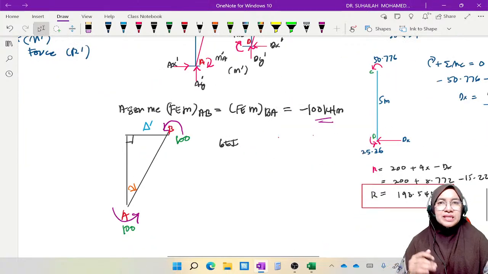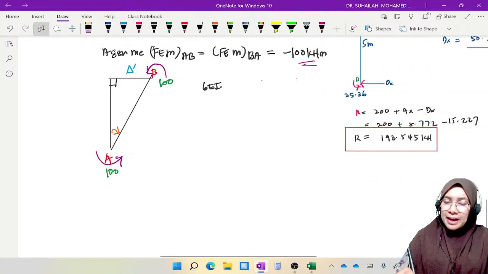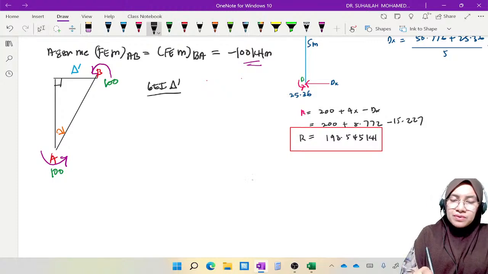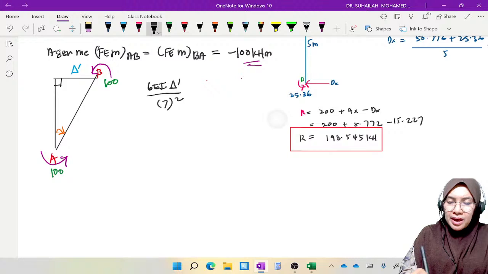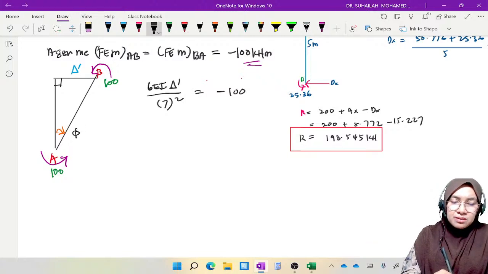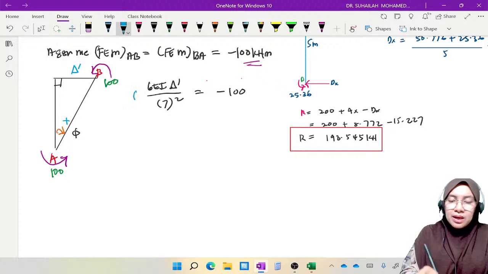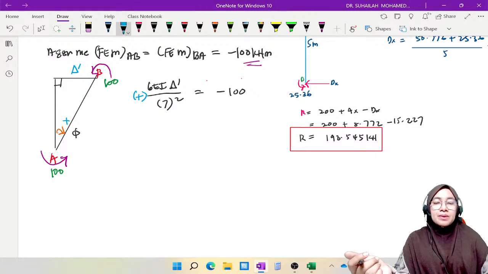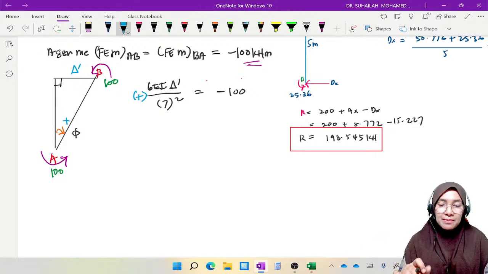So it is 6EI delta prime over L squared, where L is 7, and this is equal to negative 100.